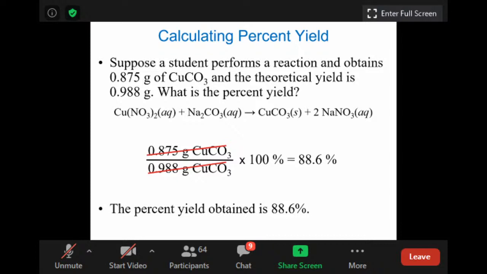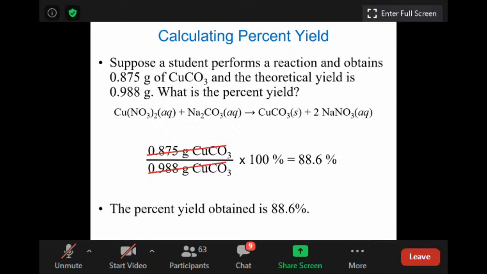You write the equation down. You balance the equation. Then you find out you have the two reactants, copper nitrate and sodium carbonate. Check to see what each of them will produce. Again, what is the limiting reactant? Do you see what we're talking about here? Okay, once you get a limiting reactant, that limiting reactant becomes your theoretical yield.